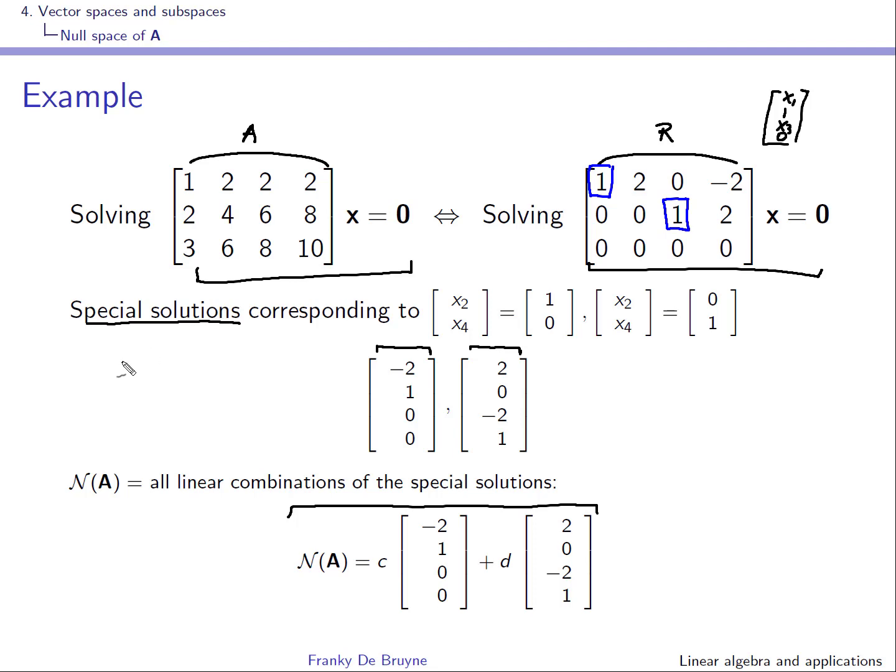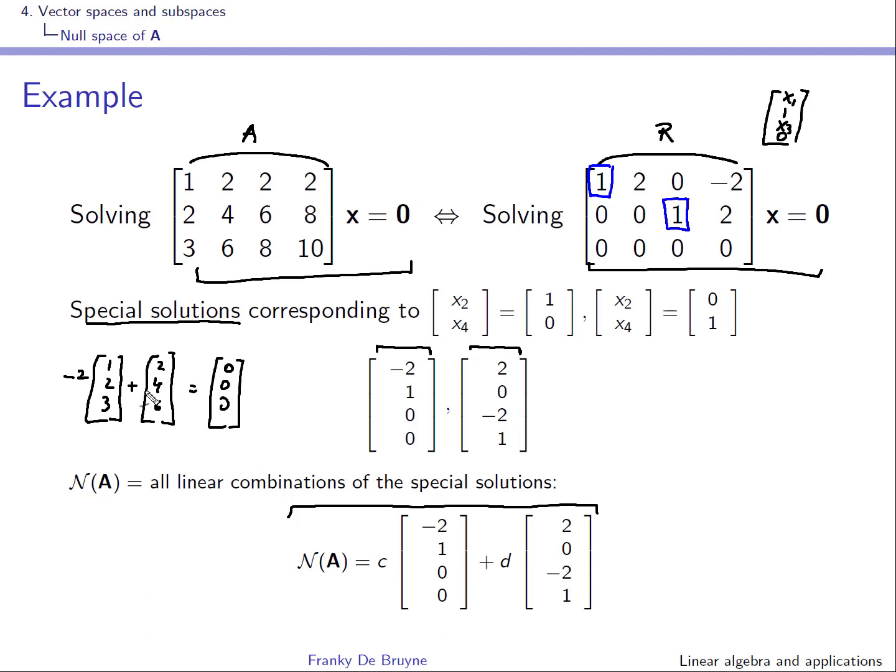So we can see here that -2 times the first column, 1, 2, 3, plus the second column, 2, 4, 6, is indeed the 0 vector.